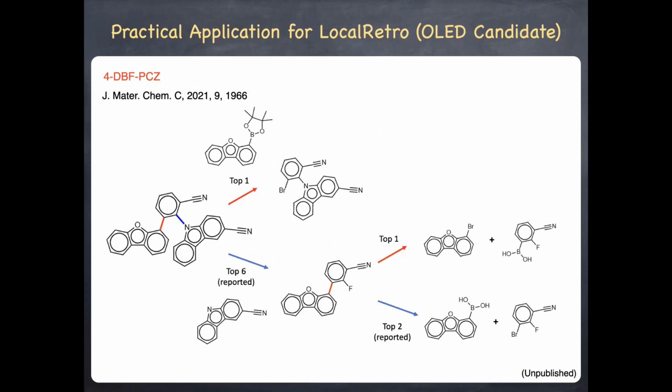And this is another example, in this case, an OLED, organic light emitting diode, candidate molecule. And this is the candidate molecule, and this is the starting molecule that are in the literature. And our model predicts this correct path with rank 6 or rank 2 predictions. So it's not a perfect prediction, but it's reasonable.